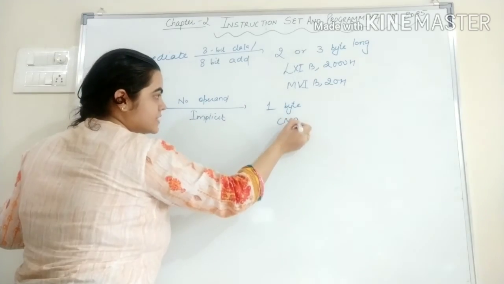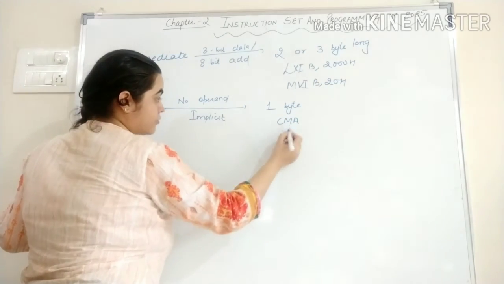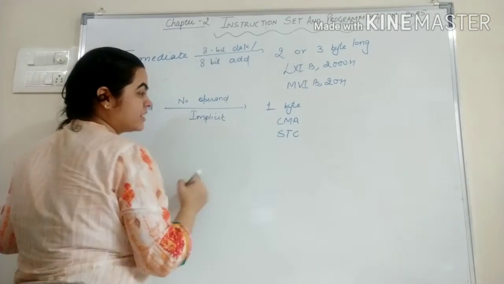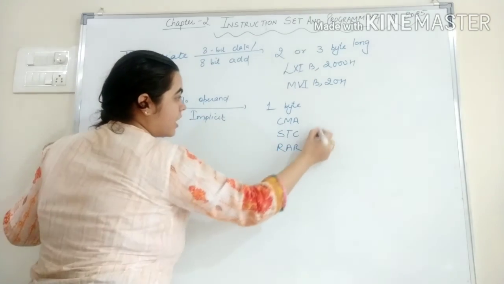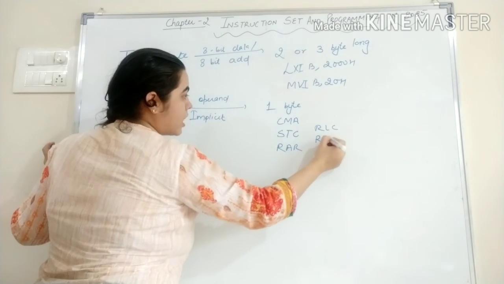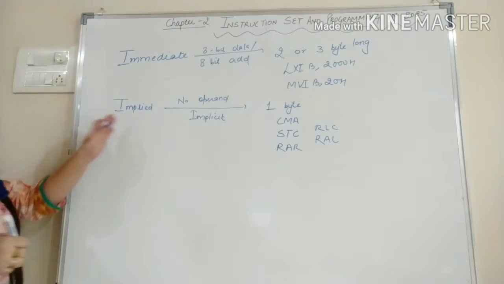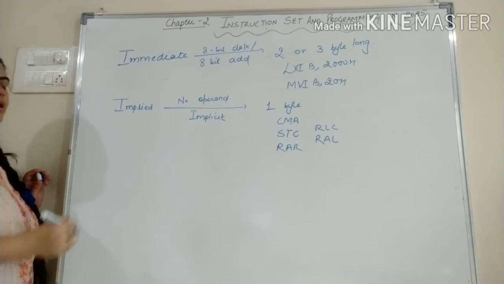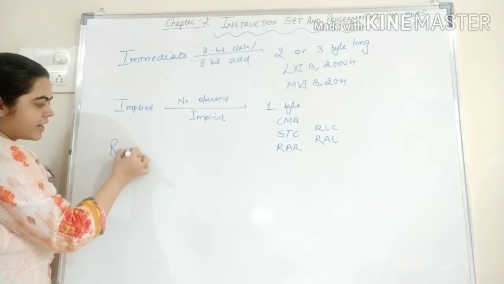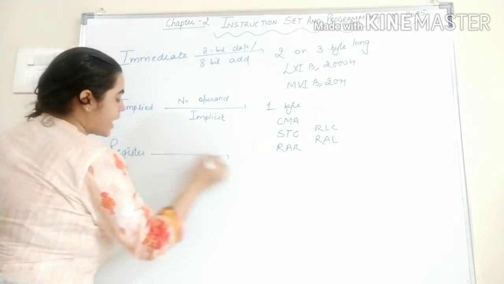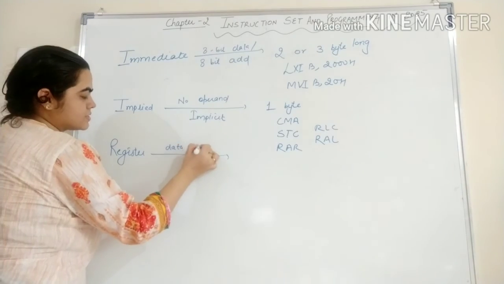For example CMA, STC (set the carry), RAR, RLC, RAL. These instructions come under the implied addressing mode. Third type is register addressing mode, where the data is in the register.